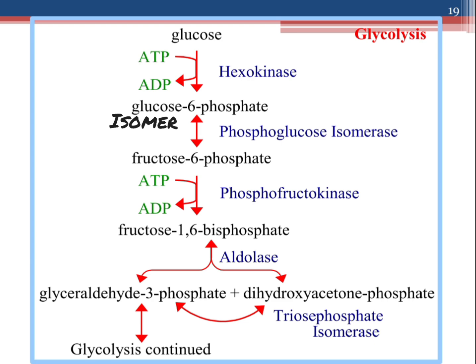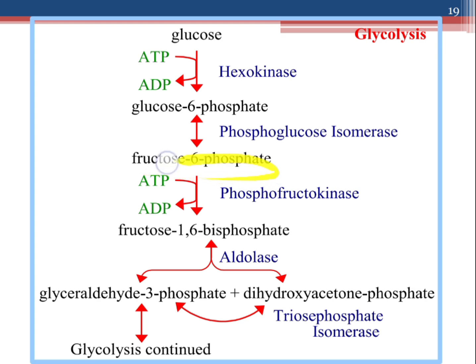You just see isomerism taking place, and this one is catalyzed by phosphoglucose isomerase enzyme, where we see a structural change in the way the carbon atoms are arranged in the ring. That is what we talk about here. We are seeing a change in the structural arrangement of the carbon atoms in the ring from glucose 6-phosphate to fructose 6-phosphate.